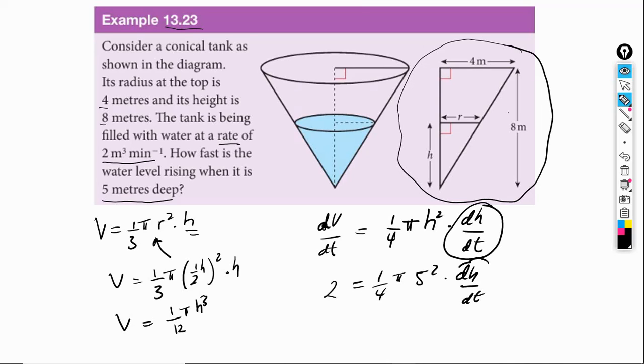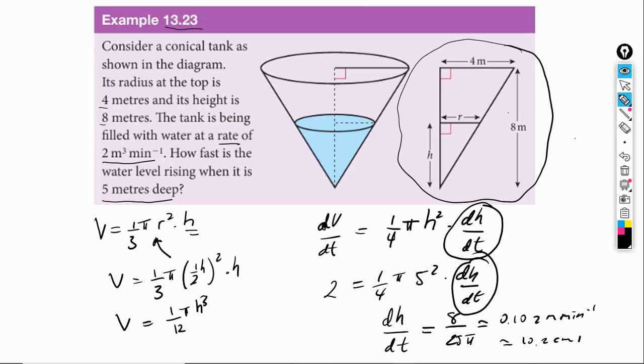So all we have to do is solve for this, like I said before. So what are we going to get? If we do the math, we're going to get that the rate of change of the height is equal to 8/25 pi, and this is approximately 0.102 meters per minute. Or if you prefer, approximately 10.2 centimeters per minute.